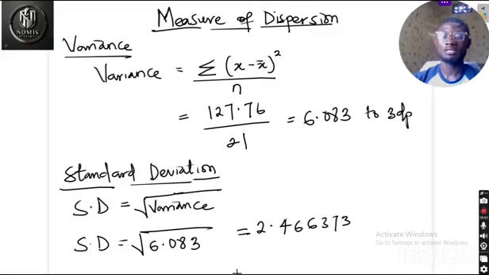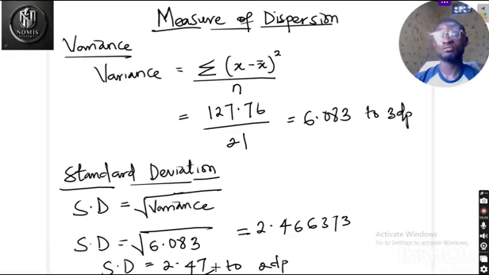So the standard deviation is equal to 2.47 to 2 decimal places. So this is the value of the standard deviation.